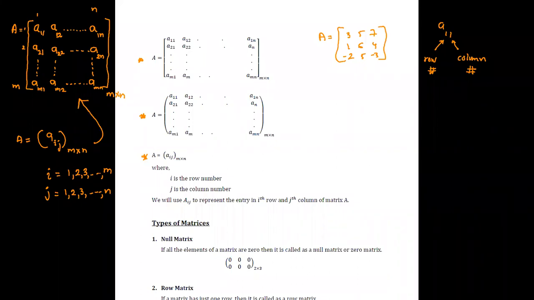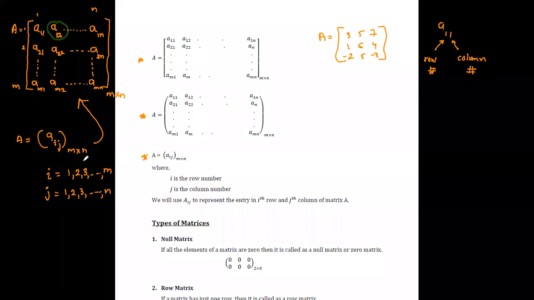If i equals 1 and j equals 1, you will get what we call the first element, the first row, first column element. Now if you substitute i equals 1 and j equals 2, it is in the first row and j is 2, so we obtain this element.